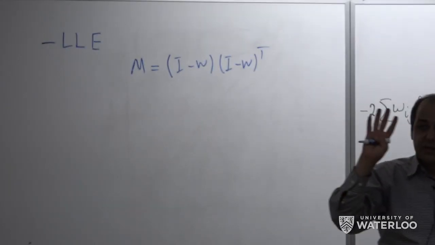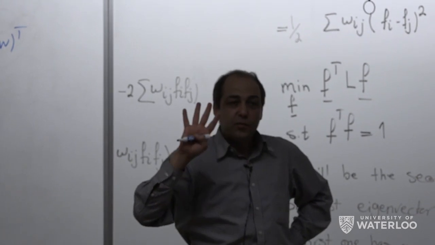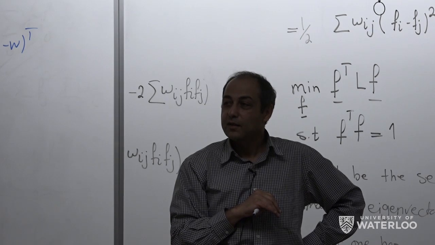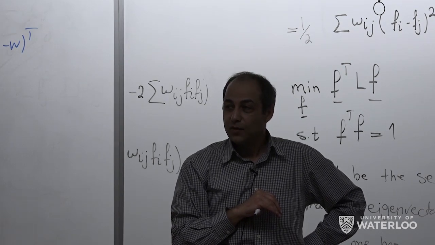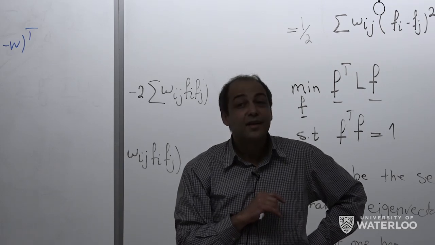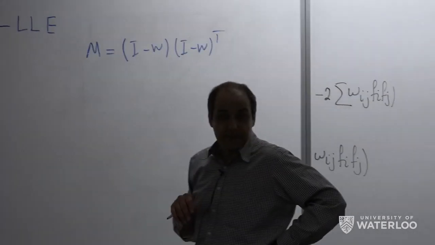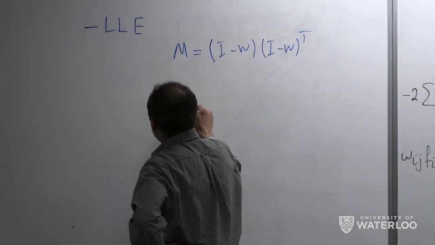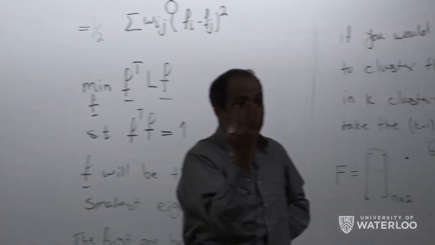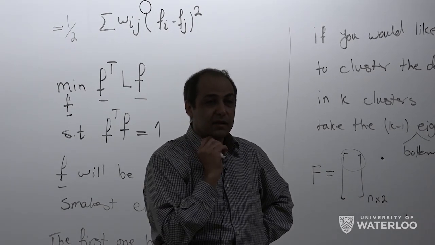Basically, I'm looking for a matrix that has the same set of eigenvectors as M, but the order of eigenvectors is reversed. Yes? M inverse, or M pseudo-inverse. M pseudo-inverse has exactly the same set of eigenvectors as M, but the order of eigenvectors is reversed.